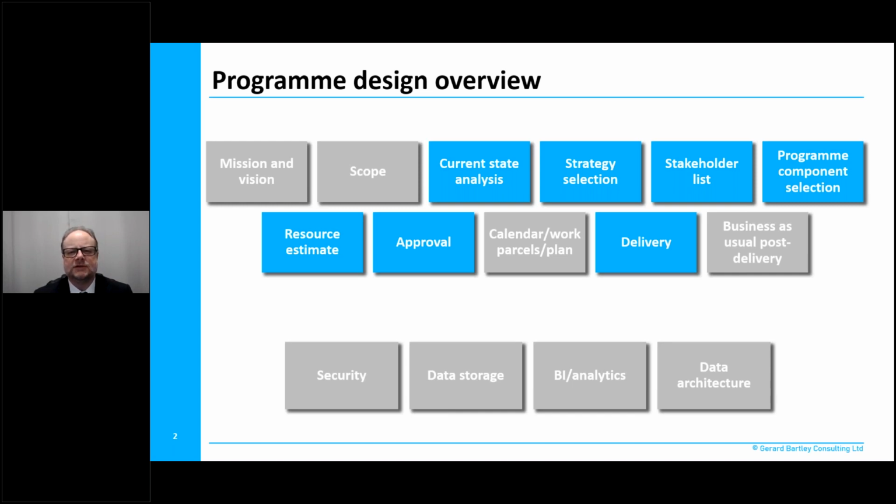The next box is your current state analysis. Now, sometimes you will see this called a data maturity assessment or something similar to that. Data maturity assessments often finish up with some kind of score or a rating. Low, or 1 out of 5 or 2 out of 5, is what you'll end up with. The problem is that you kind of know that already because you wouldn't be doing a data governance exercise otherwise.